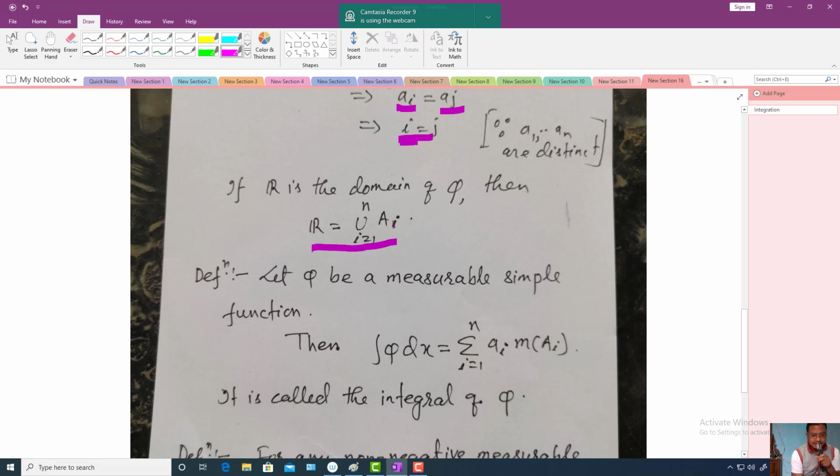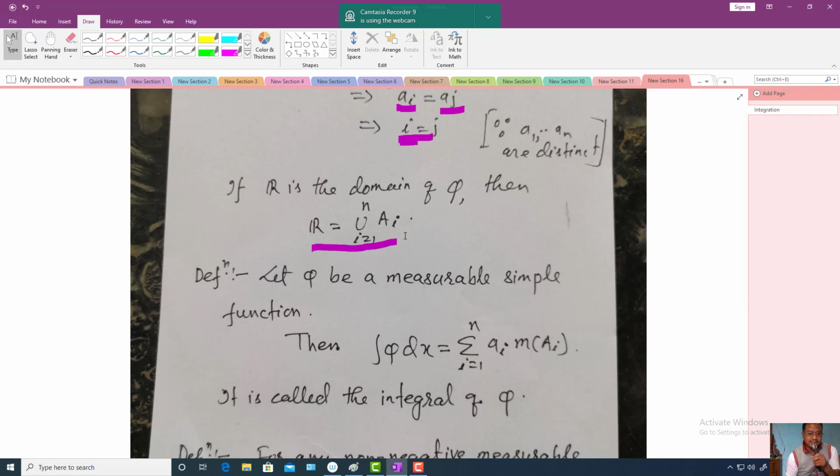So R is equal to the union, i running from 1 to n, of Ai. Because the whole domain has been decomposed into the finite sets A1 up to An, their union should be the whole set R, the domain of the function.